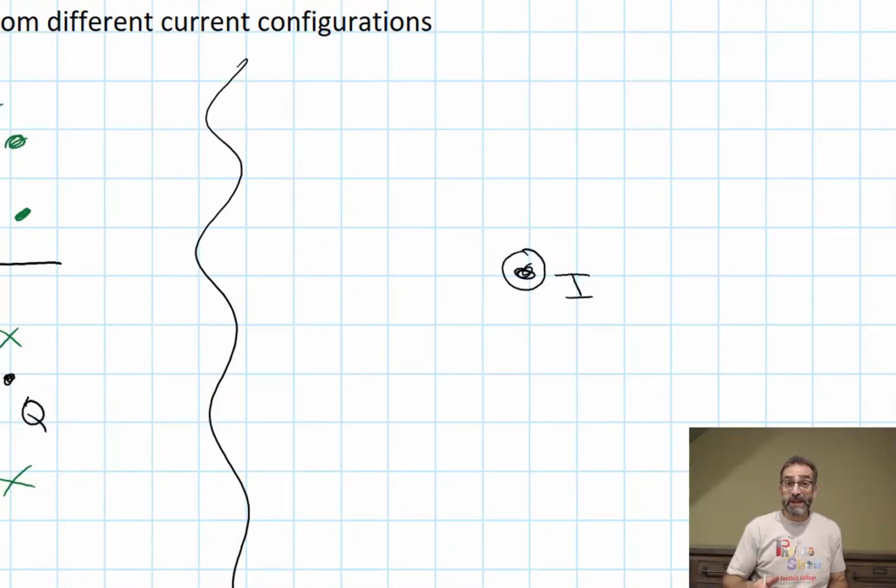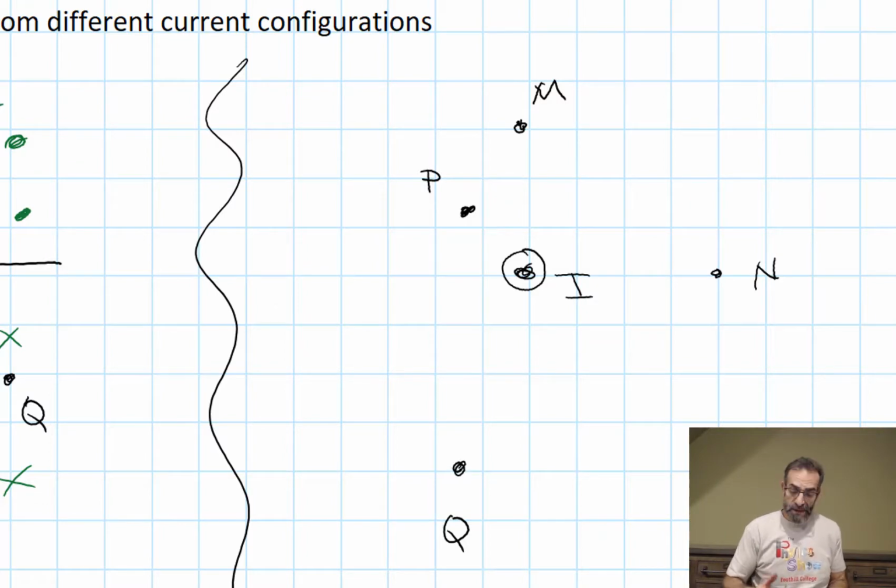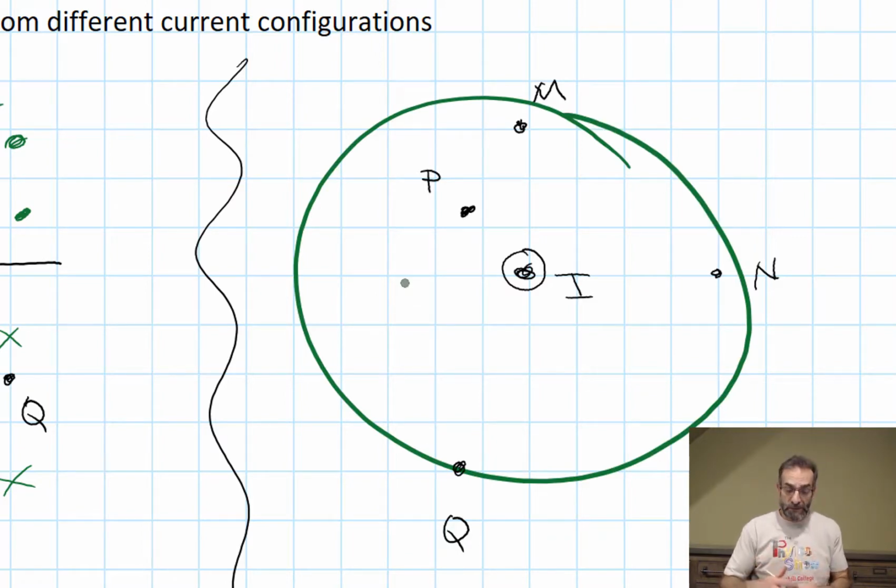Now let's take a look at the situation on the right where my wire runs perpendicular to the plane of the page. And I want to know what's the magnetic field at point M, and maybe over here at N, and over here at P, and over here at Q. I put my right thumb in the direction of the current, and it tells me that the magnetic field curls around counterclockwise, because you have to know already that the magnetic field is going to form a circle around the wire.